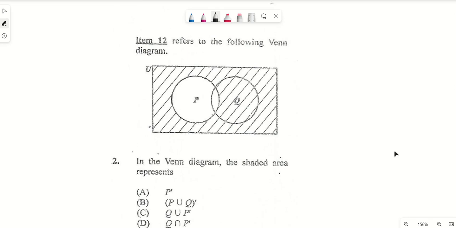This is a question that is repeated several times. Item 12 refers to the following Venn diagram. In the Venn diagram, this is the shaded region, not the unshaded region.